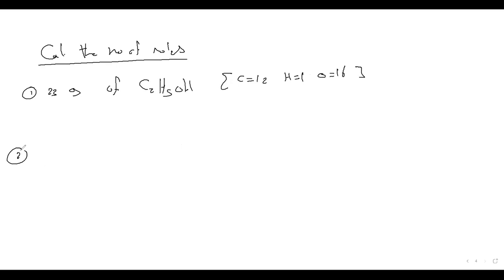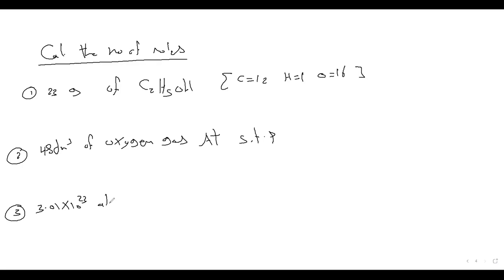Number 2, calculate number of moles in case of 48 decimeter cubed of oxygen gas at STP. Number 3, calculate number of moles in case of 3.01 times 10 power 23 atoms of sodium.